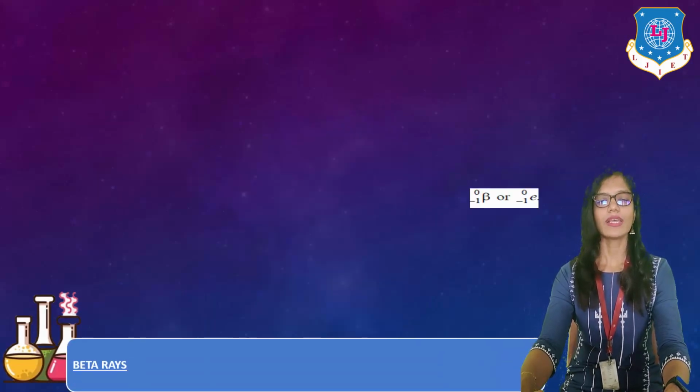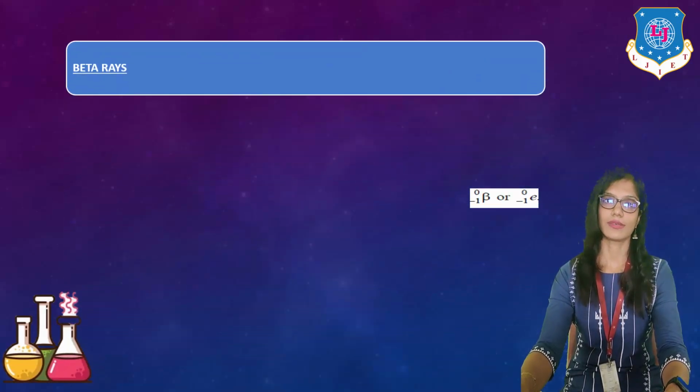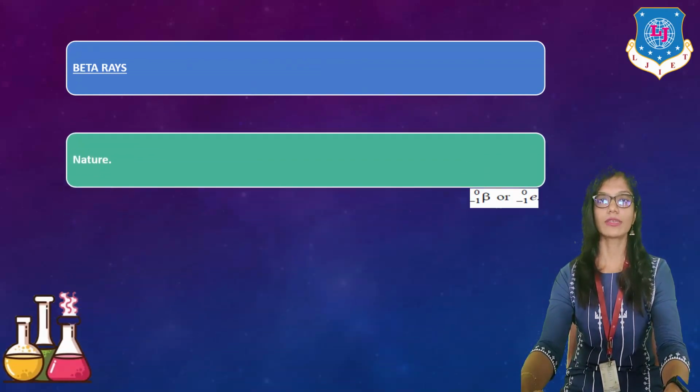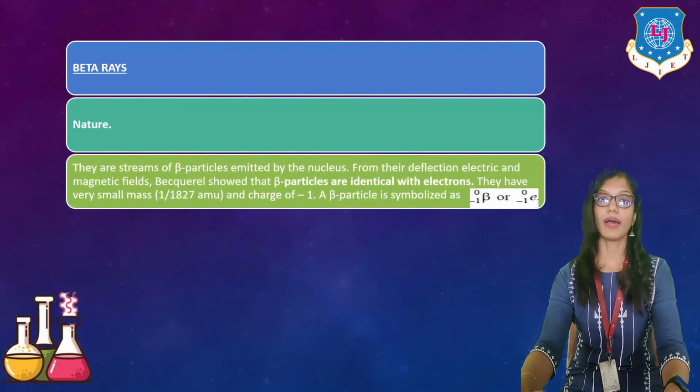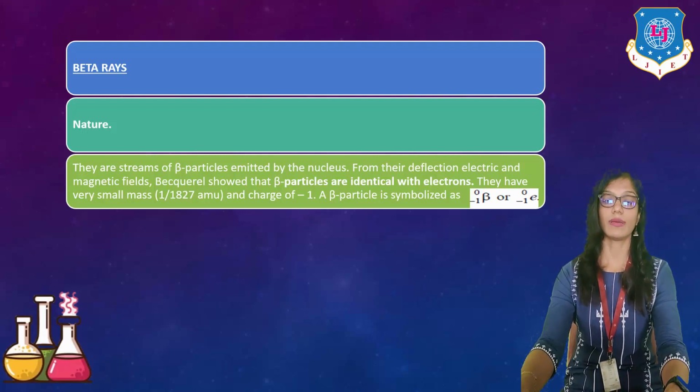Our next one is beta rays. If we talk about the nature of beta rays, they are streams of beta particles emitted by the nucleus. From their deflection in electric and magnetic fields, Becquerel showed that beta particles are identical with electrons, and they have very small mass, almost 1/1827 AMU, and charge of -1.